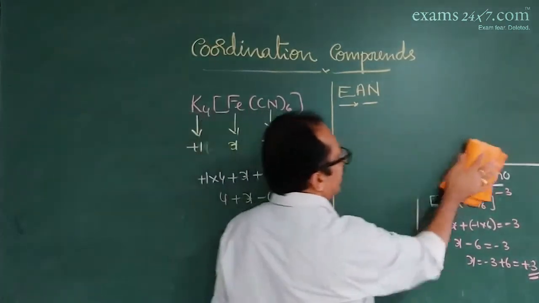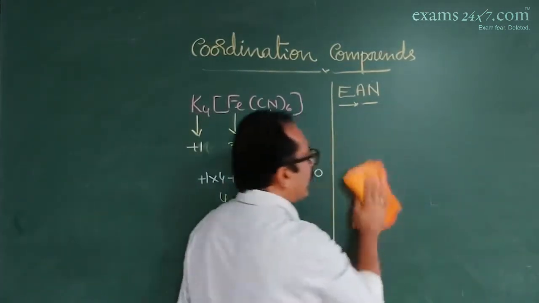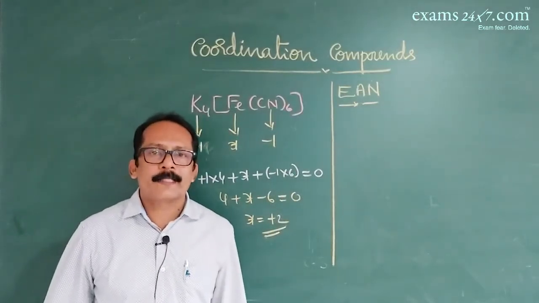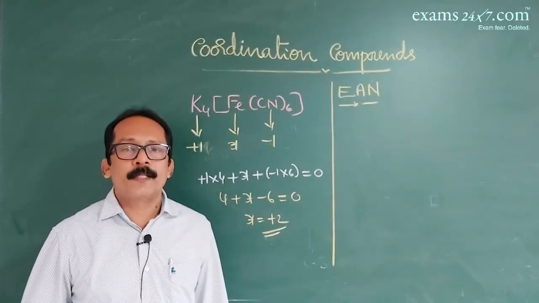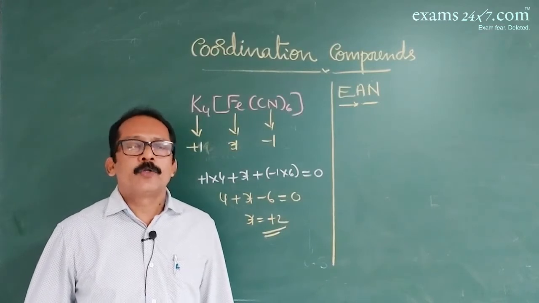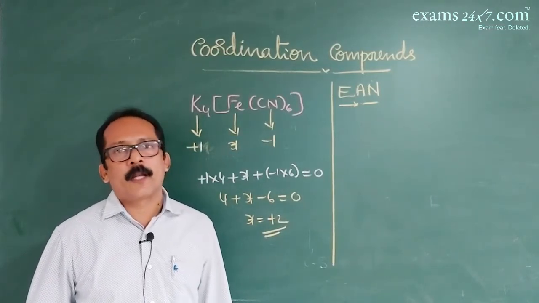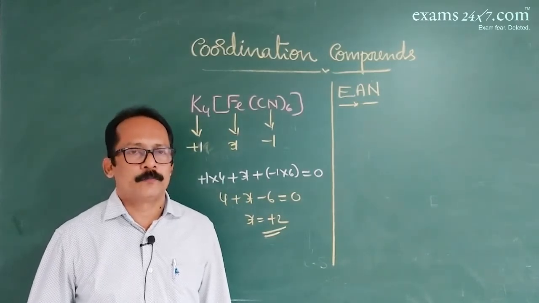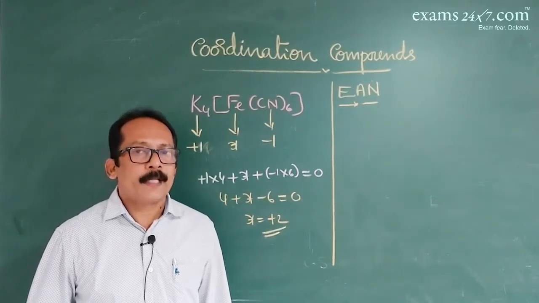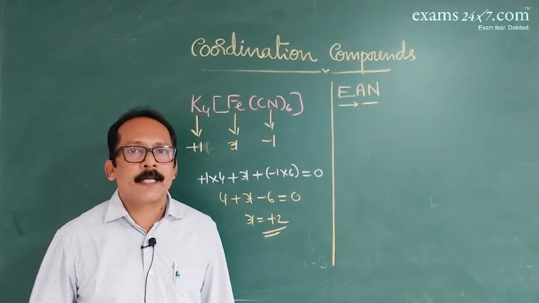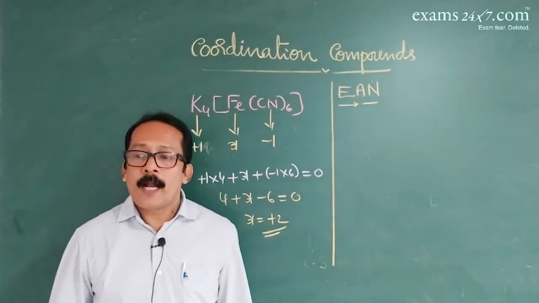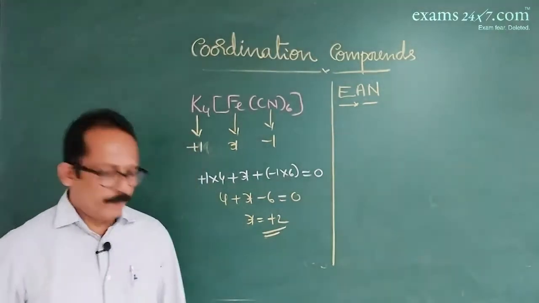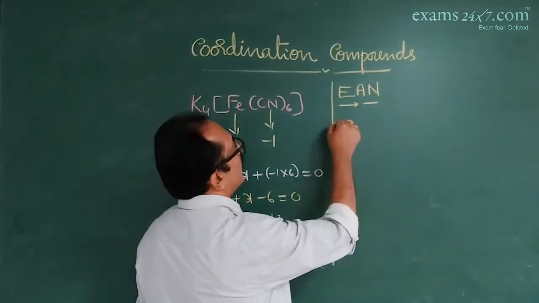According to this theory, during the formation of a complex ion, the central metal atom or metal ion continues to accept electrons donated from the ligands until the total number of electrons around the central metal atom or metal ion becomes equal to the atomic number of the next higher noble gas atom. Most complex compounds obey the EAN rule.